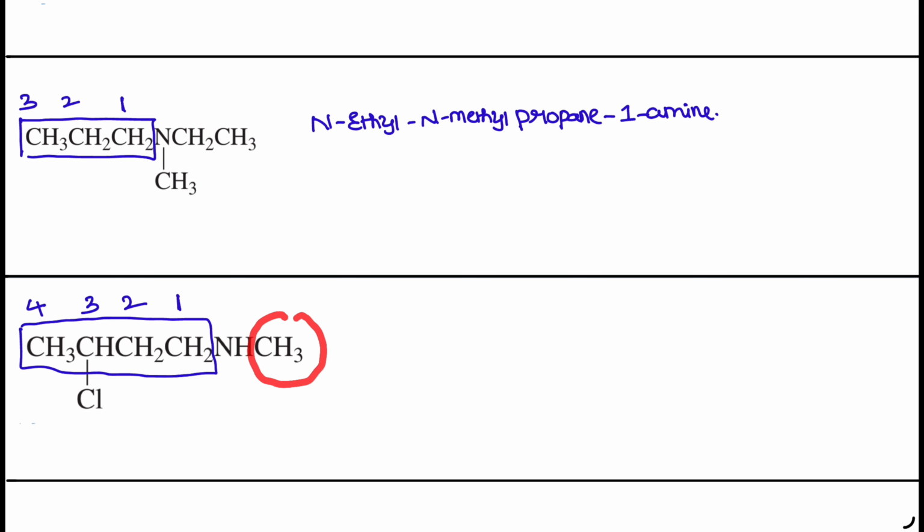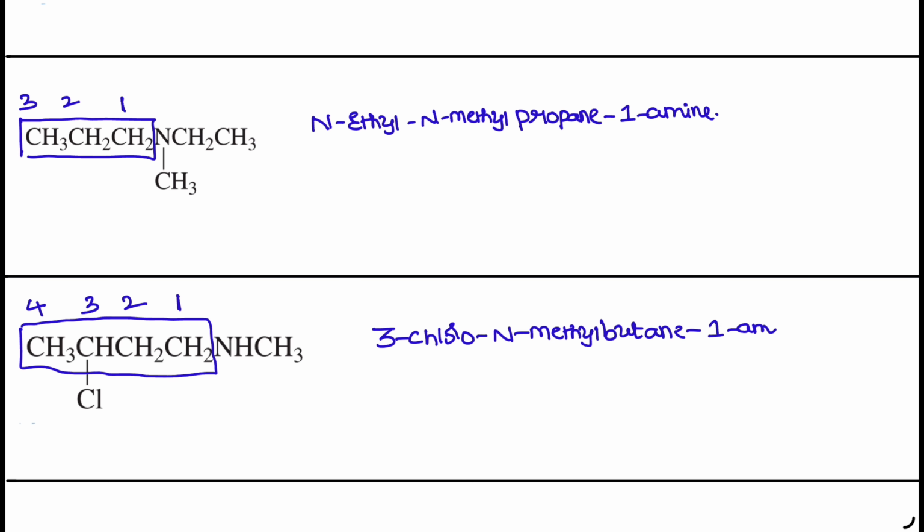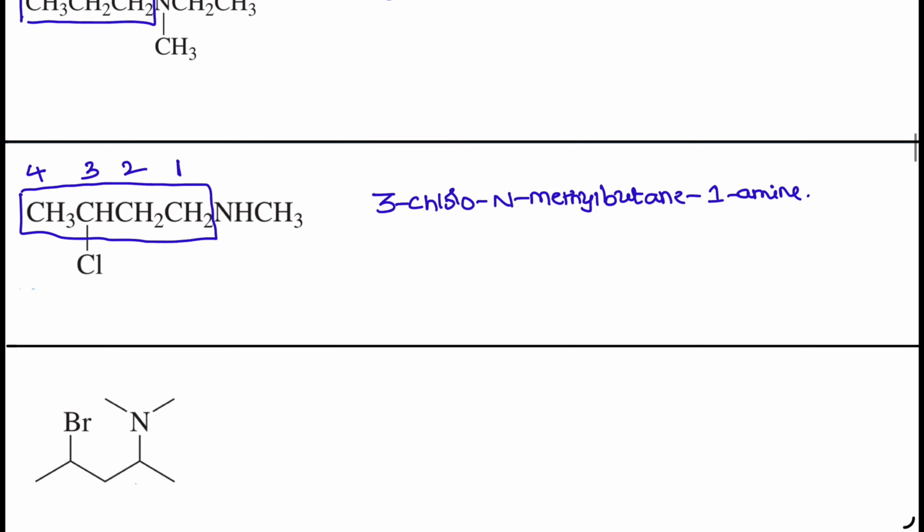One is methyl, that is attached to nitrogen, and chloro, that is attached to carbon. Alphabetical order we have to take. Therefore, it is 3-chloro-N-methylbutane-1-amine. So this is the correct IUPAC name of the compound.